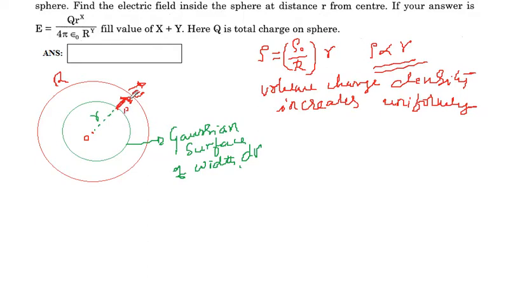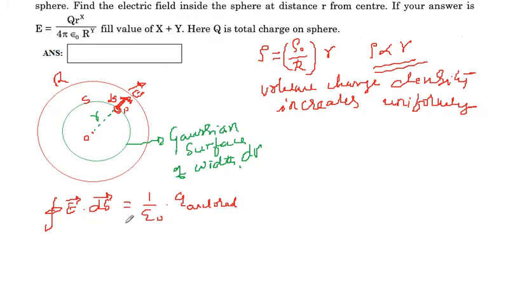Now, if we think of a small area around P as dS, then from Gauss law I can write the closed integral of E dot dS is equal to 1 divided by epsilon naught into the charge enclosed. This is the formula I can make use of now.